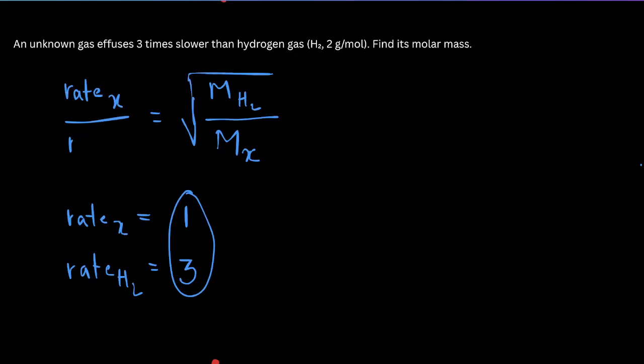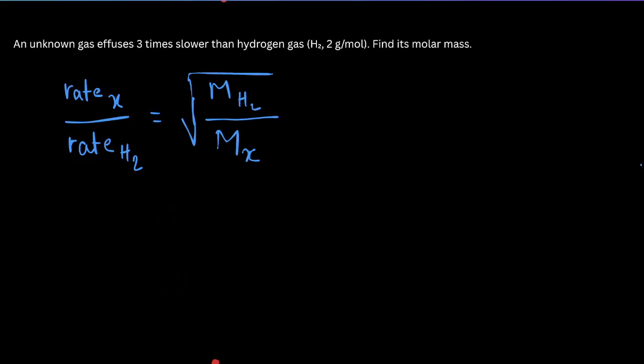Because if you see here again in Graham's law, really what is happening is we're establishing some sort of a ratio here. We're just dividing rate x by rate of hydrogen. And so we can simply do that by dealing with proportions, right? And so we see that our rate of diffusion of hydrogen gas is 3 times faster than that of our unknown gas. So that's simple enough to just set up as 1 over 3. Because if we put any other number, suppose they gave us a specific rate.